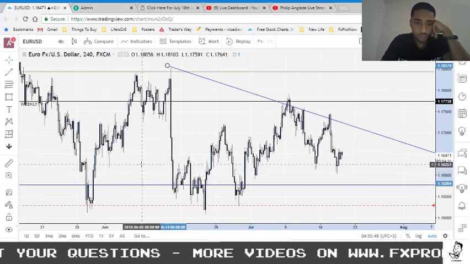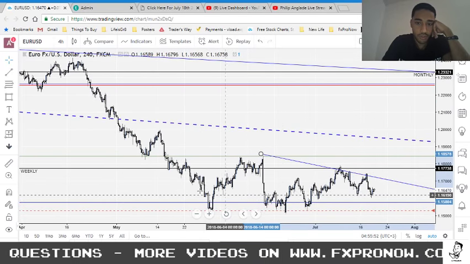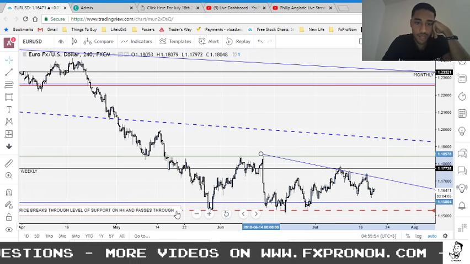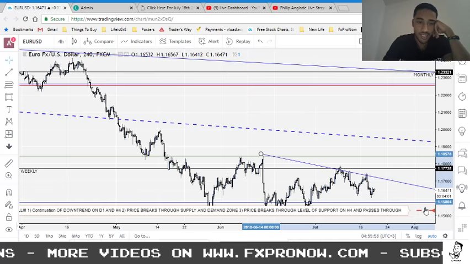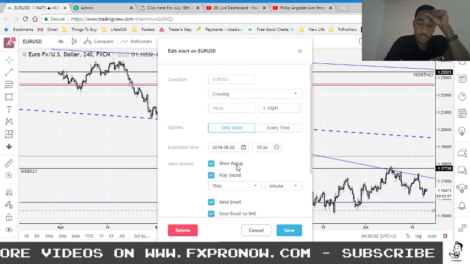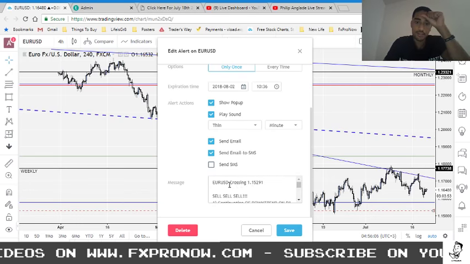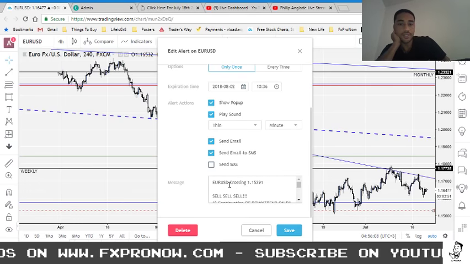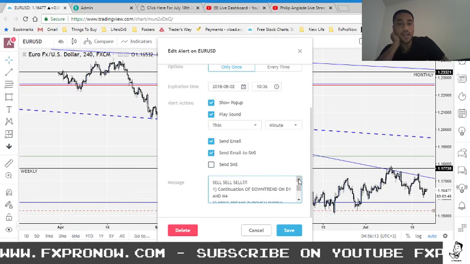Well, I see that there's definitely some level of support on here, and this is why I have this alarm right here, and I said this a while ago. It says, and mind you, if you do not have TradingView or the purchase version, then you won't be able to access this, but it says EURUSD crossing that level, sell, sell, sell, and I'll say why, right?